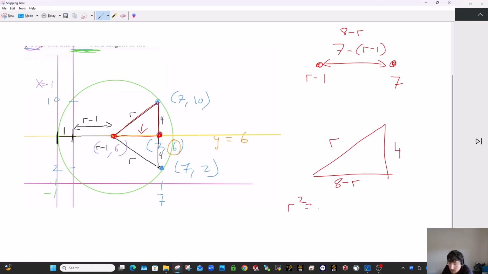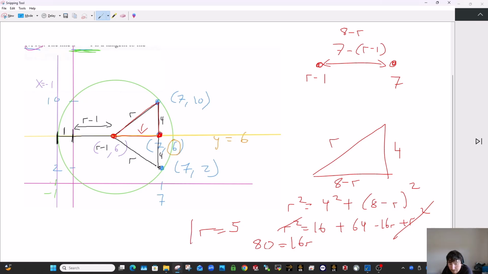You get r squared equals 4 squared plus (8 minus r) squared. So then you're getting r squared equals 16 plus 64, minus 16r, plus r squared. Look, the r squareds cancel, and you get the same thing that we got before, which is 80 equals 16r, and so r equals 5.